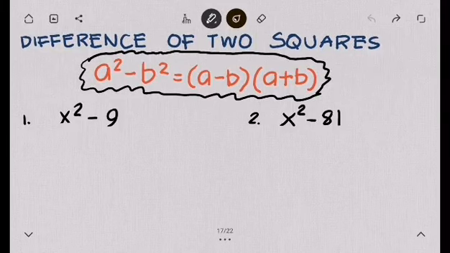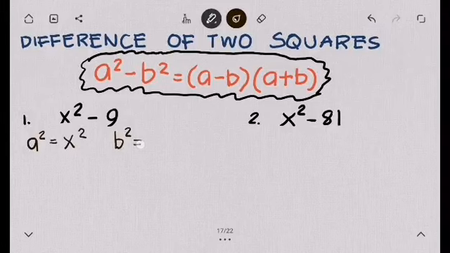So yung una, identify muna natin ano ba ang value ng a. So in this case, ang a square natin ay x square. And then yung b square, ang value niya is 9 based dun sa given. So ang kailangan natin ay ang value ng a at b.